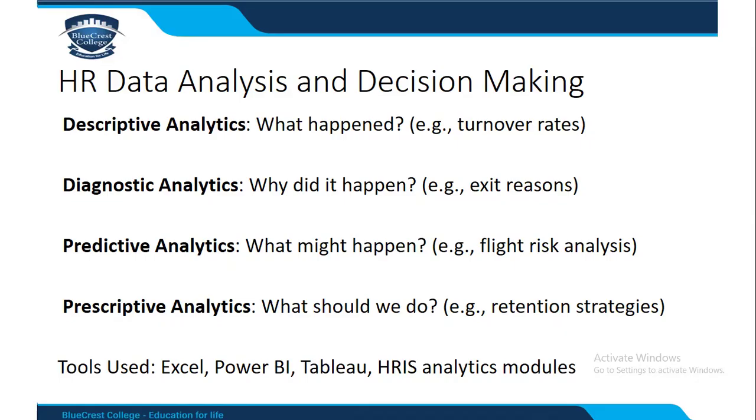Okay. And sometimes you can use this when you want to explain why, or when you want to say what is happening in an organization. For example, a lot of people are leaving the organization, and so there's a high turnover rate. So you have the descriptive analytics that is explaining or what happened, that is saying what happened.